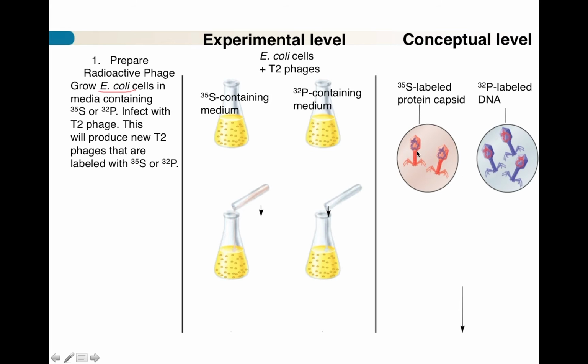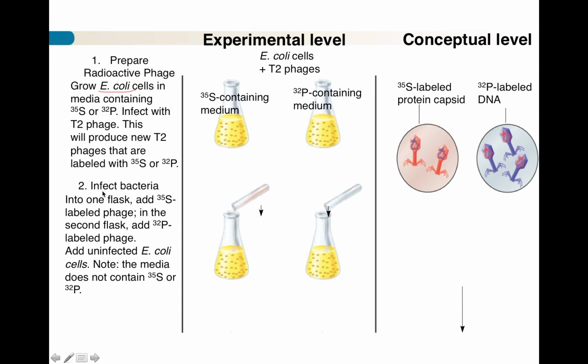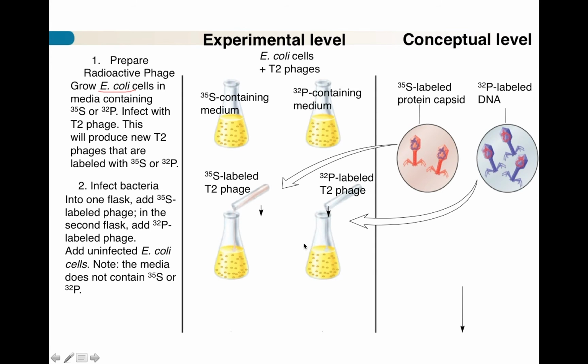Okay, so after you recover these viruses, you are then going to again infect new cultures of bacteria. You're going to add the S35 T2 bacteriophage labeled to one flask, and your viruses labeled with P32 to the other flask.